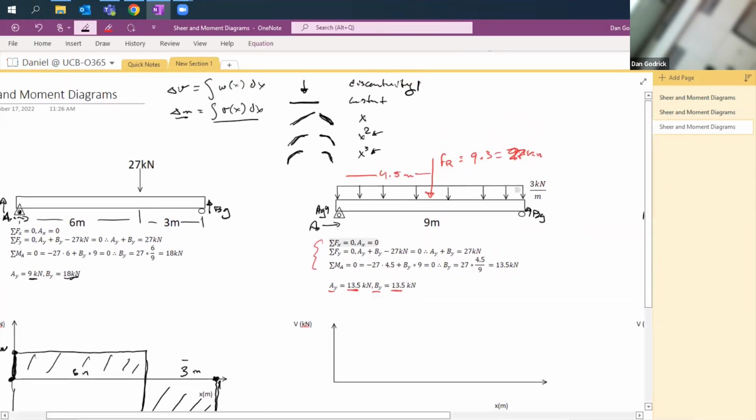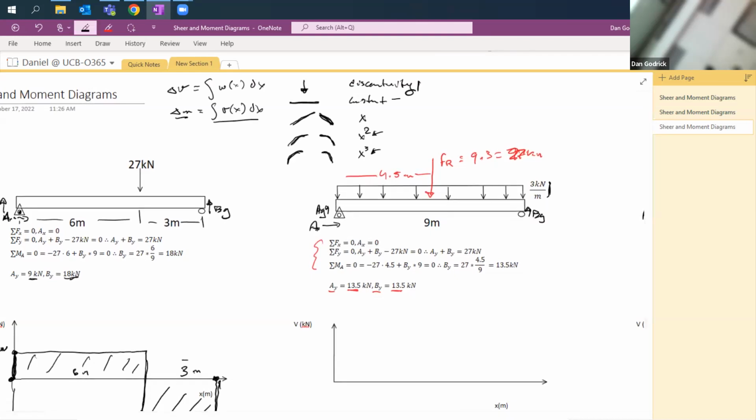Our distributed load is flat, and a flat load is likely going to become a line that isn't flat. So what does our V look like? Well, we start at 0, and with AY we go up to 13.5.